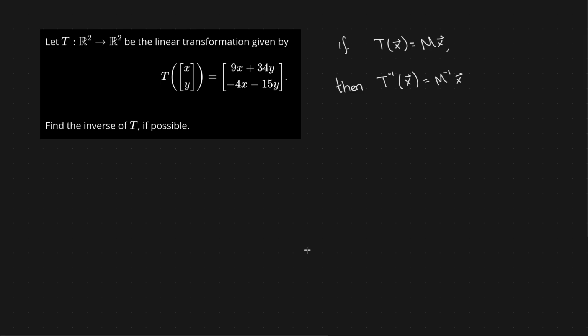Okay, so how do I find the standard matrix of a linear transformation? Well, remember, the standard matrix of a linear transformation is just the transformation of the vectors in its standard basis.